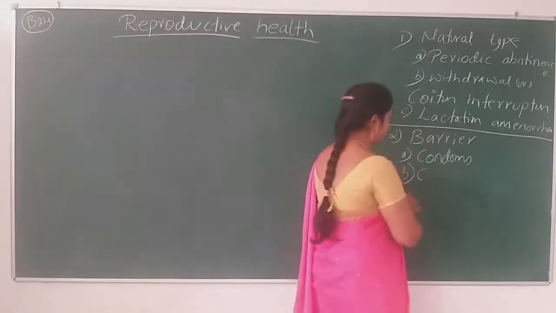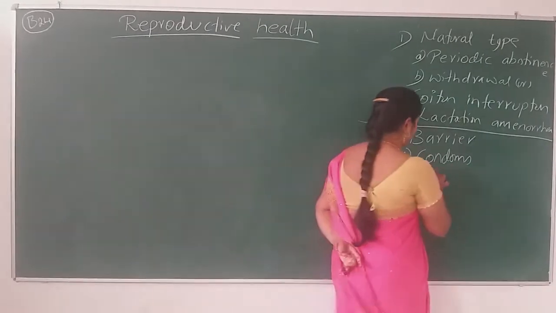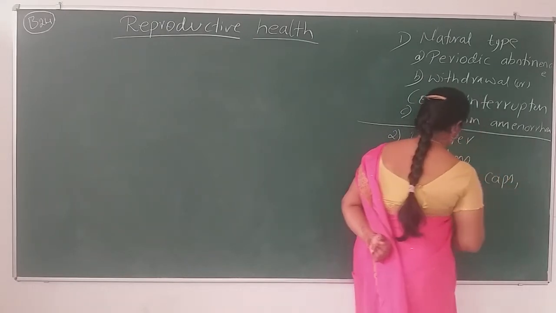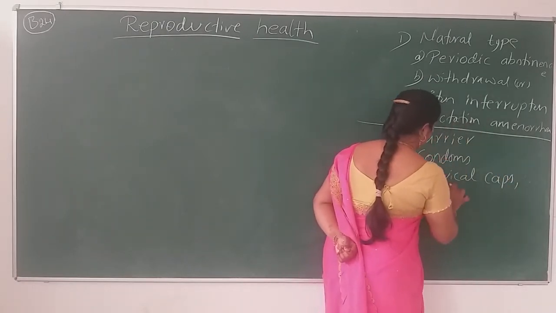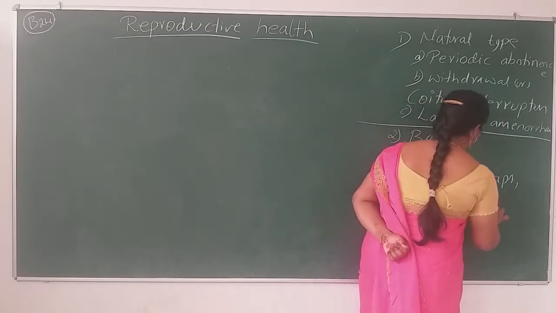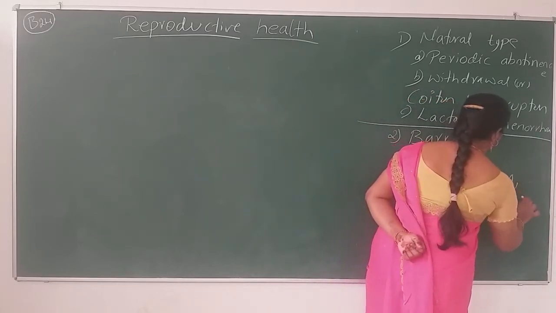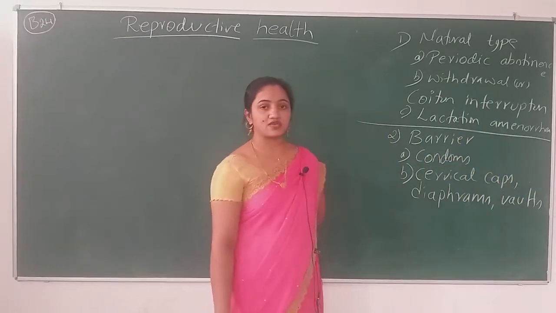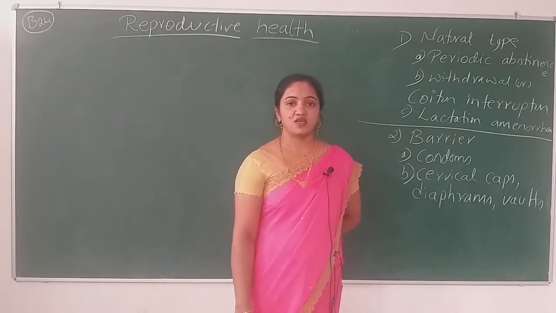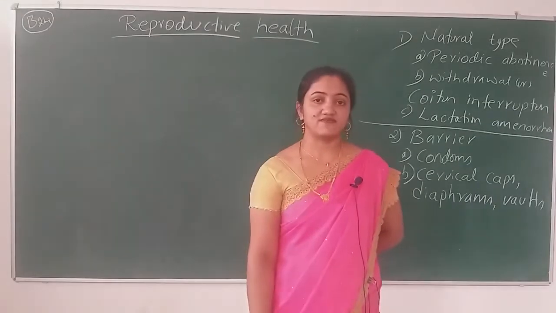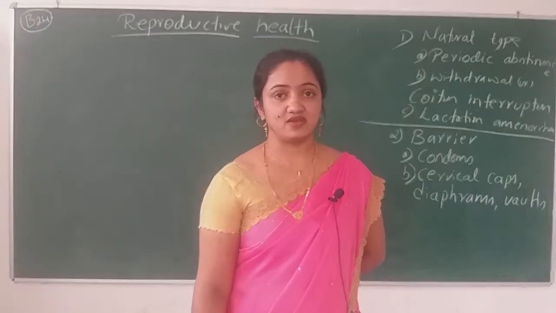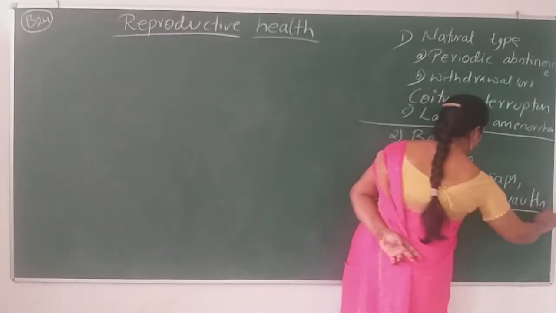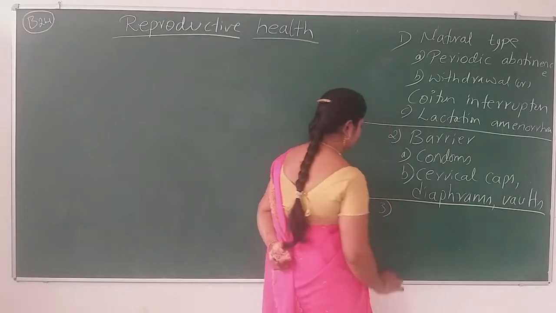The second type of barrier is cervical caps, diaphragms and valves. These cervical caps, diaphragms or valves are used with cervical jellies and spermicide for better effect.